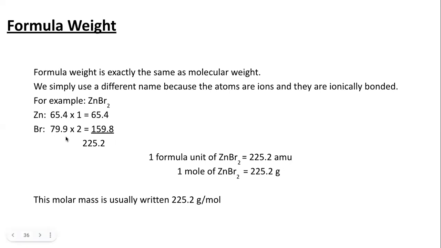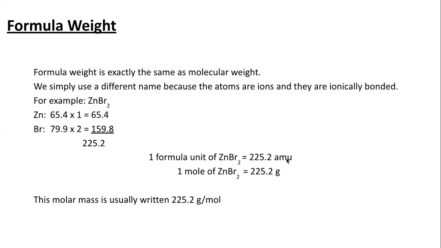On the periodic table, bromine's atomic mass is 79.9, and we have 2 of those, so we have to multiply it by 2. And that is 159.8. To understand the weight of this zinc bromide, we add the two of these together to get 225.2.